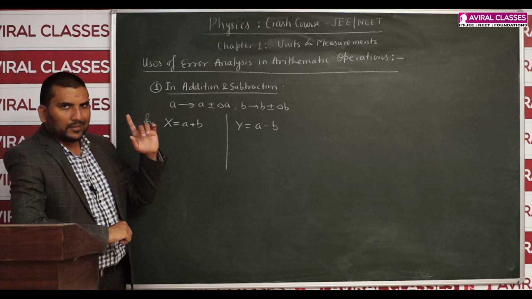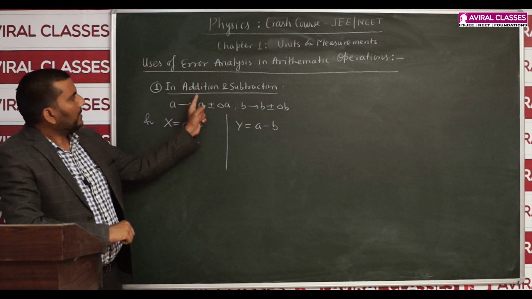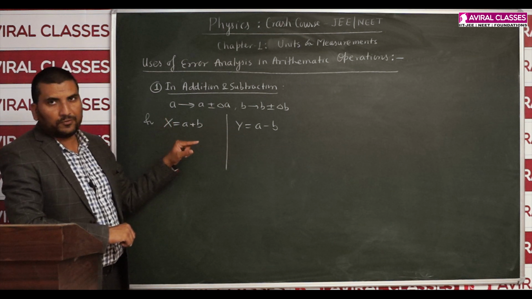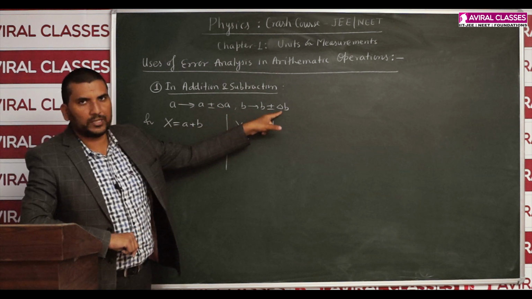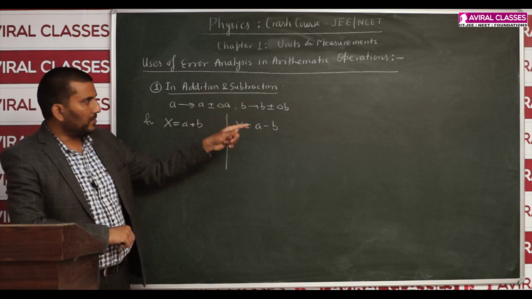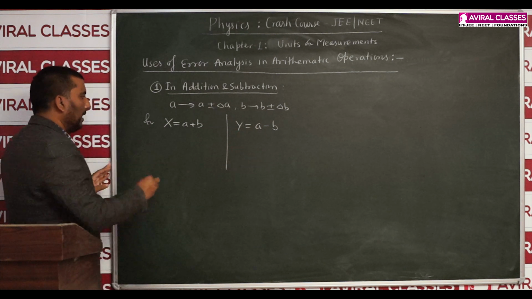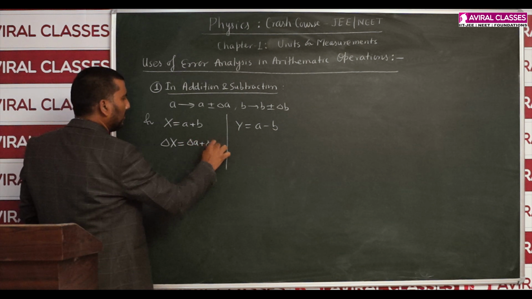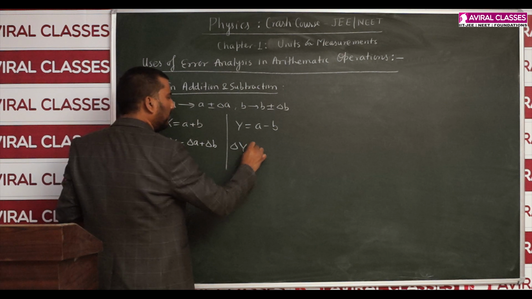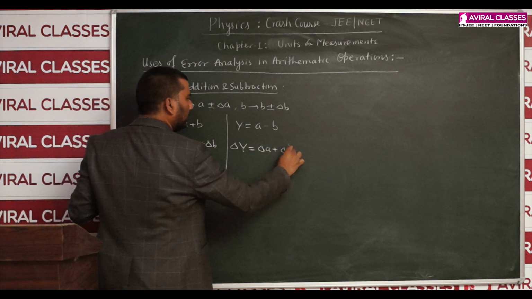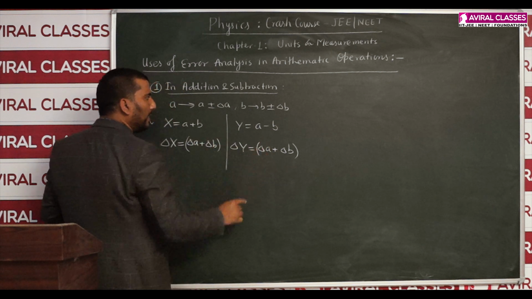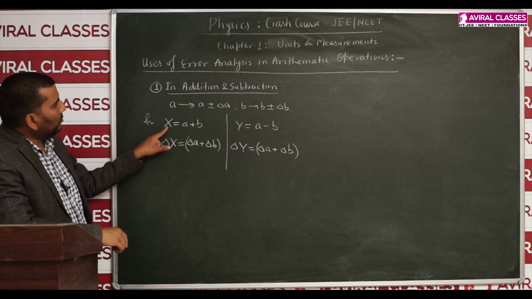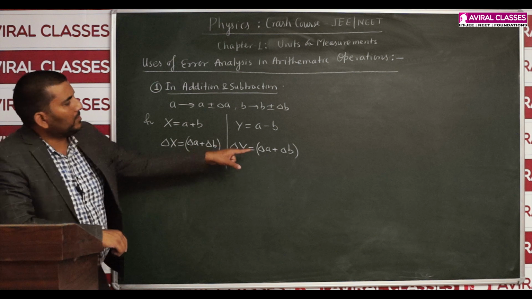The rule says, make it very clear, in addition and subtraction, the absolute error in the final quantity is the sum of the absolute errors in the individual quantities. So delta x is the sum of absolute errors in the individual quantities, and delta y is also the same. No minus sign here. You must read it carefully.